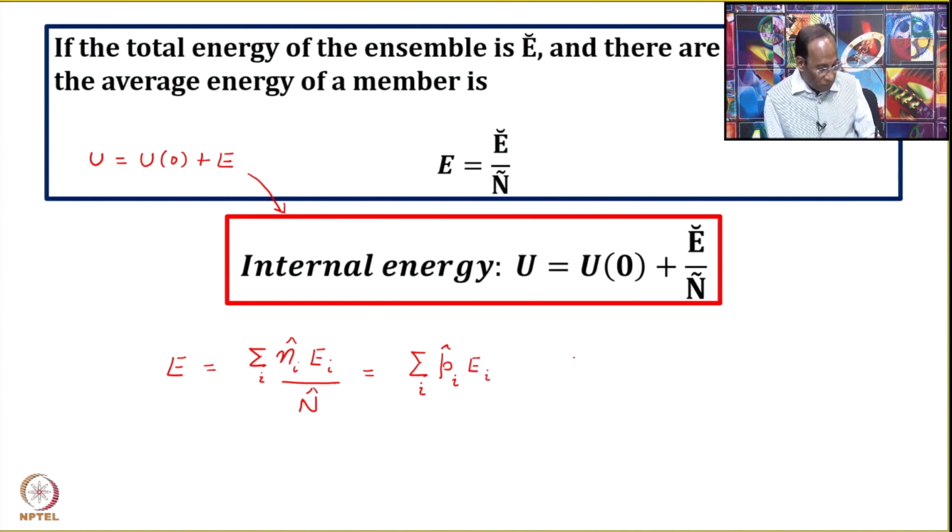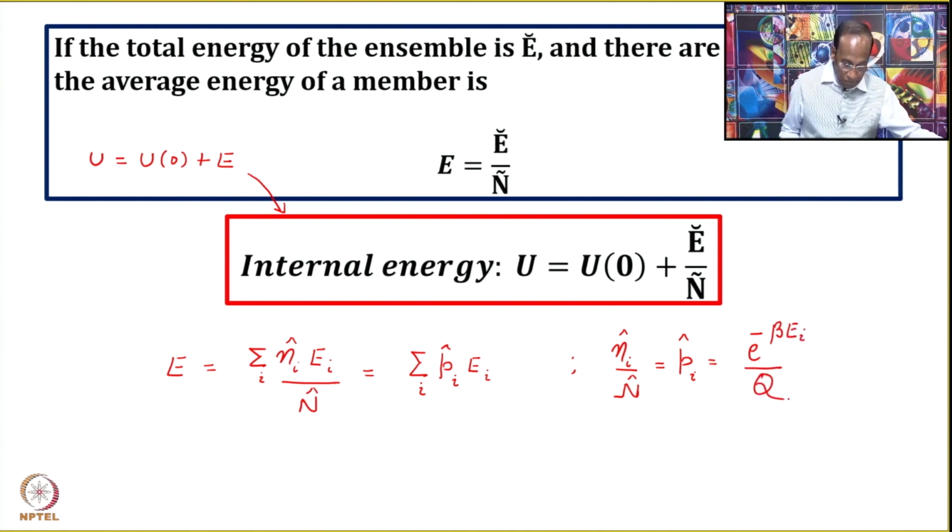Remember that Ni upon N, which is equal to the fractional population of ith level, is equal to exponential minus beta Ei by Q. You are expressing in terms of the canonical partition function.